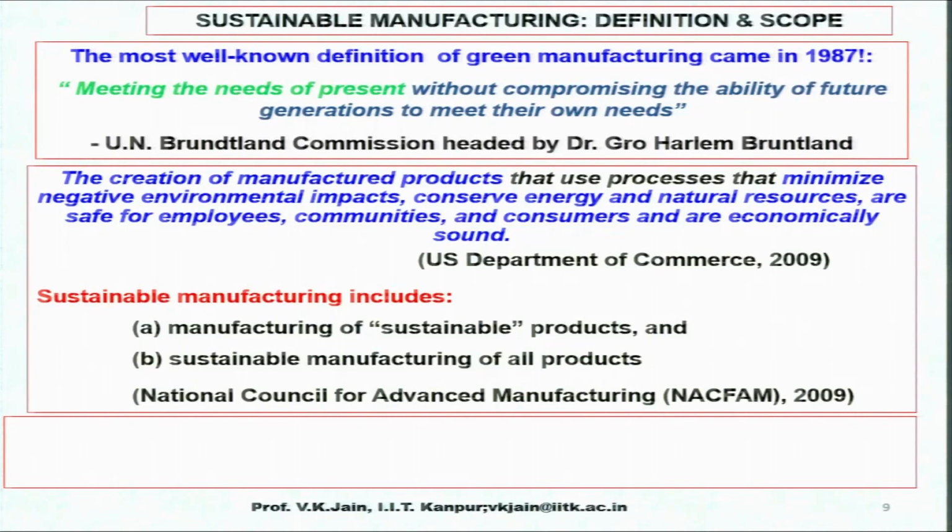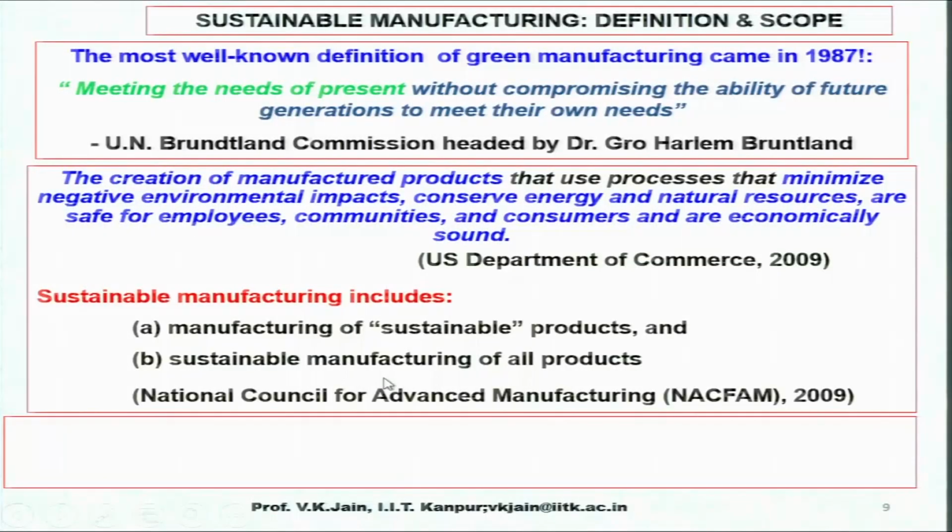Now they are also changing their thinking and they are using what is known as reuse, recycle and so on. I will show you through the figures. Sustainable manufacturing of all products. The National Council for Advanced Manufacturing 2009 gave these issues.